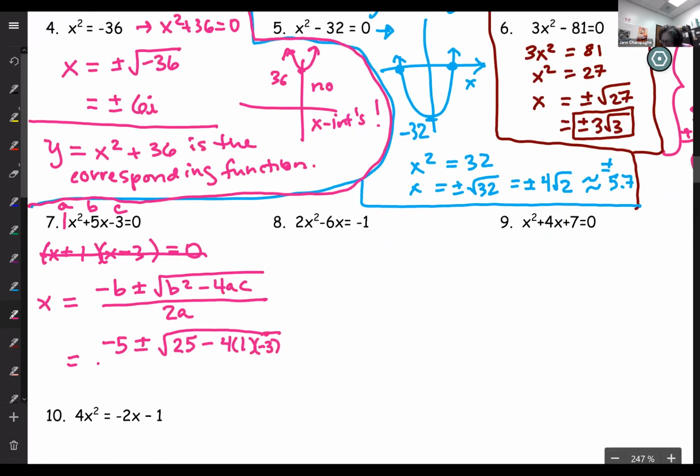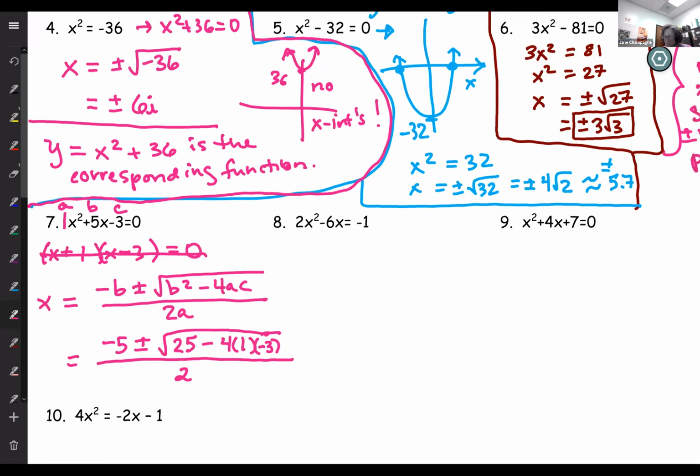And then all over, and then 2 times a in this case is just 2 because a is 1. Okay, now what you want to do is the what we call the discriminant, what's under the radical. Be really careful. That's where the order of operations is important. You've got to do the multiplication here first.